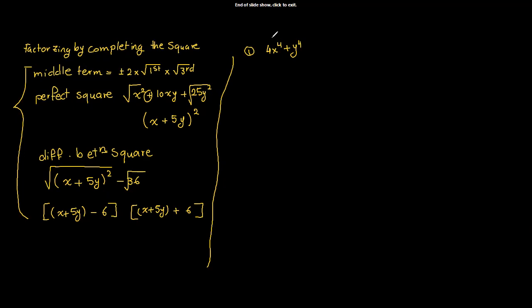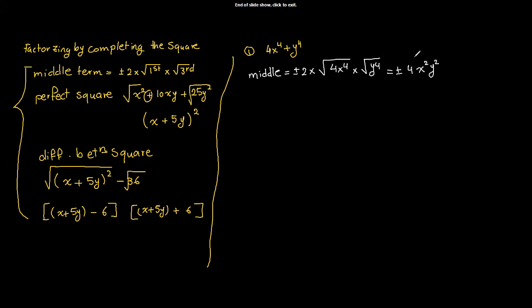So we need to get our middle term, using the previous rule: positive and negative 2 multiply root the first term 4x to the power 4 multiply root y to the power 4. So our middle term will be positive and negative 4x to the power 2 y to the power 2.